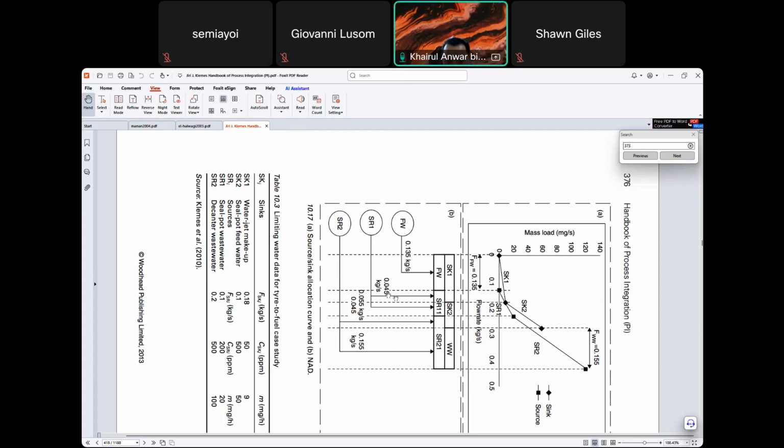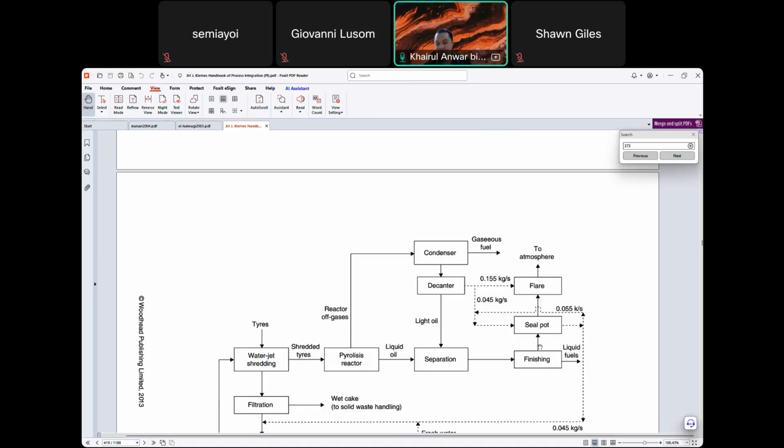The 0.005 goes to the SK1. The graph, the box is a bit longer. So this one goes to SK1. SK1 goes to itself, I think. I think that's all.